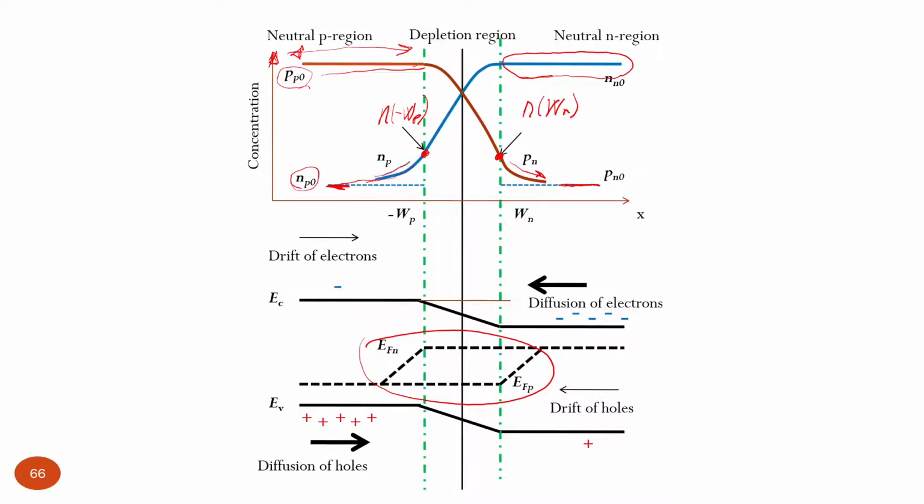This profile of minority charge carrier distribution we should quantify, and that will be the key to understanding the current voltage characteristics.